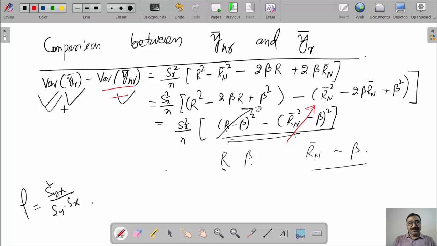So the preference between the Hartley-Ross estimator and the usual ratio estimator depends upon the closeness between R, beta and Rn bar. If R is close to beta, we prefer the ratio estimator. If Rn bar is close to beta, we prefer the Hartley-Ross estimator. This result is due to Goodman and Hartley in 1958.